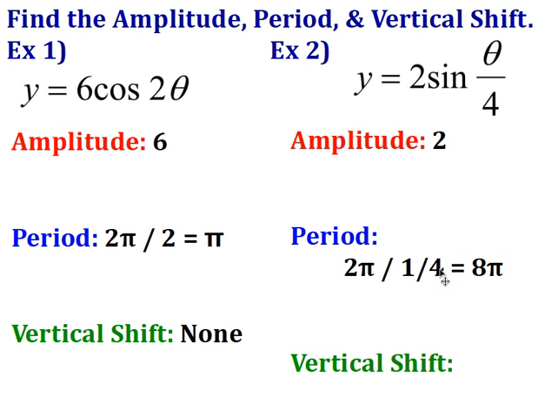So once we take that 2 pi divided by 1/4, it multiplies out to give you 8. So it would be 8 pi. So this would be 4 times that wavelength and would give you that really big, long, more smushed look. And vertical shift, we have no plus or minus, so that's going to be none for this one as well.